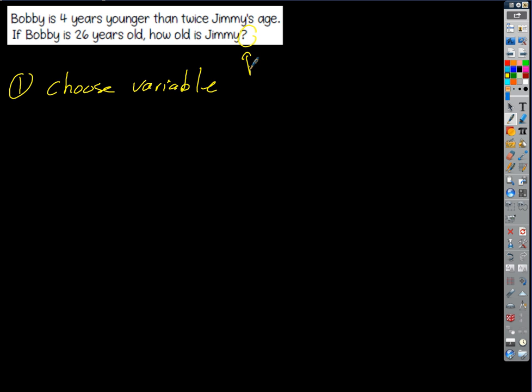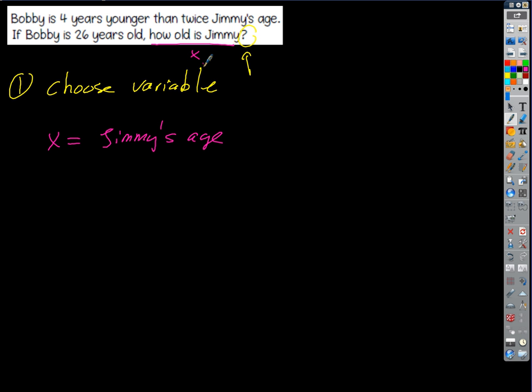So what's the question being asked here? How old is Jimmy? Well then let's let x, or j, or whatever you want to call it, equal Jimmy's age. So that's going to be x.